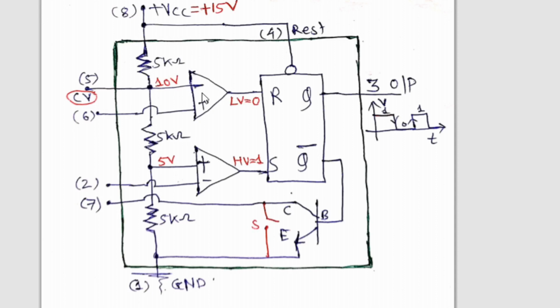When you draw this comparator in front of the gap between R1 and R2, straightaway connect the junction of R1 and R2 to the minus terminal. This junction is also taken out and called pin number 5, which is called control voltage, which we have discussed earlier. Now let us come to the lower comparator.